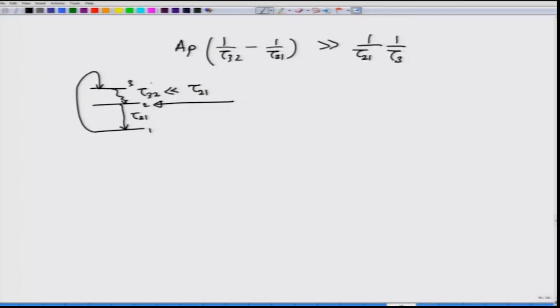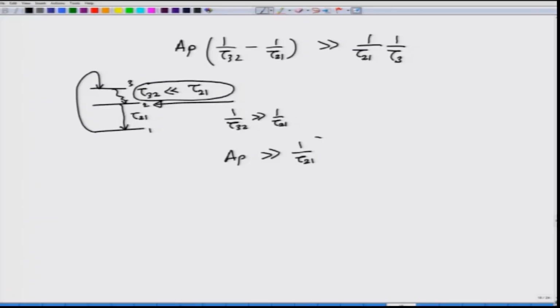Because tau 32 is much smaller compared to tau 21, 1 by tau 32 will be much larger than 1 by tau 21. So you have AP being much larger than 1 by tau 21. Oh sorry, this is 1 by tau 3, but anyway this can be approximated and cancelled out.